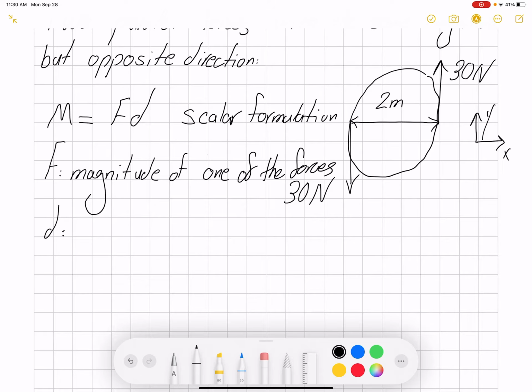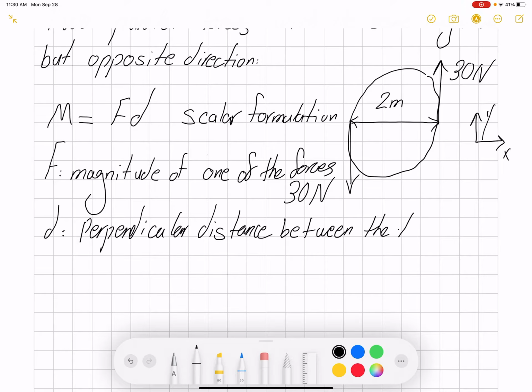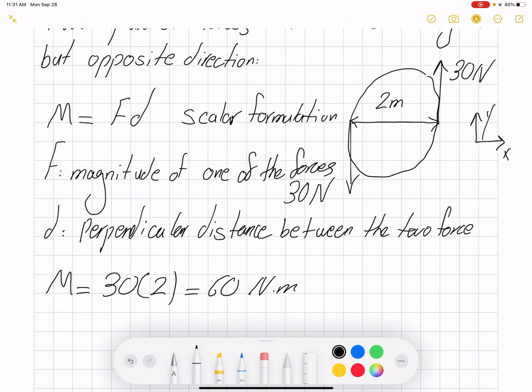And D is the perpendicular distance between the two forces. So for this example, the magnitude is 30, the perpendicular distance is 2, so the moment of the couple is 60 Newton meter.